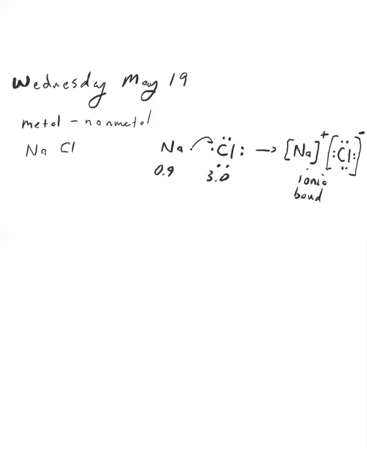When we have differences in electronegativities that are smaller than that, so for example, if we have a hydrogen bonded to a fluorine atom, right? Well, let's actually start from scratch here. You've got the hydrogen atom, group 1A, 1 valence electron. You've got your fluorine, group 7A, 7 valence electrons, right? What happens?